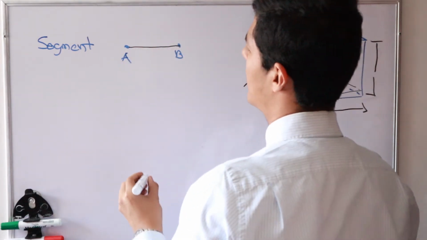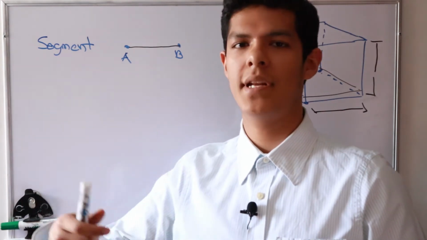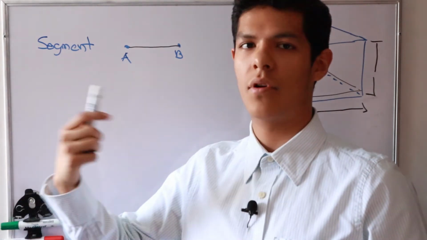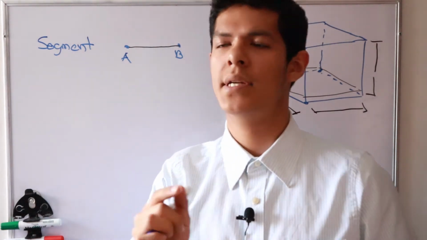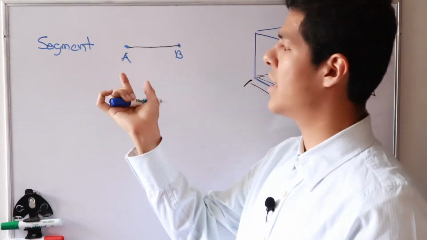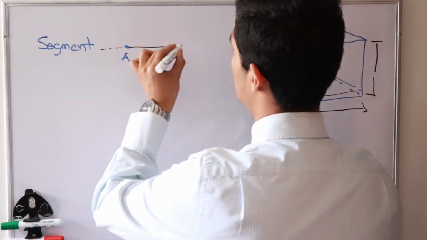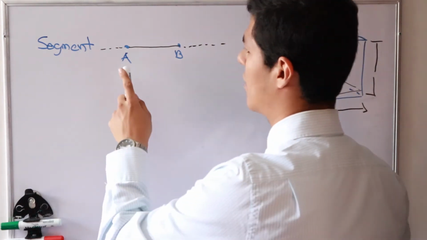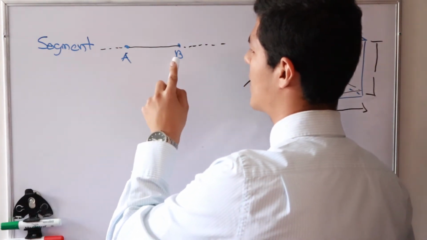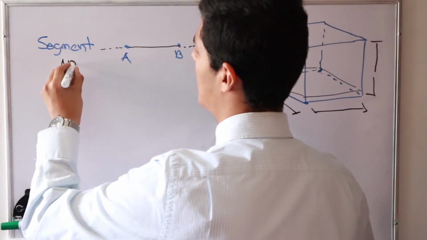As the line goes infinitely forever, we need to work on a finite part. So this is a finite part of a line. If we extend it, it would be this line. But the segment that we're working with here is the segment AB.